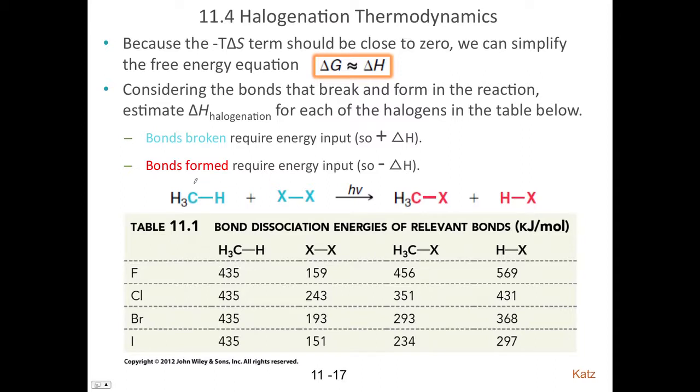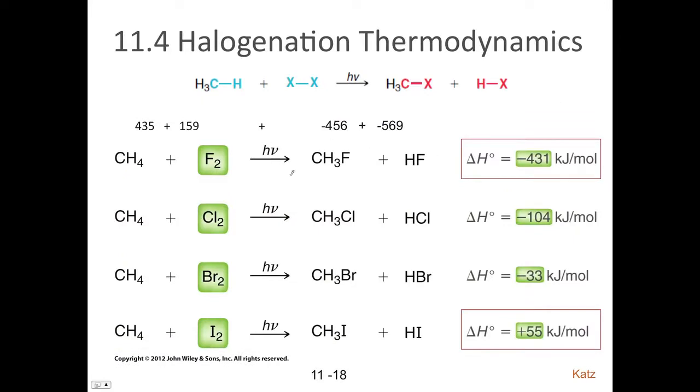Since this guy here is going to be methane all the time, this will be 435. 435 plus 159 if we're talking about fluorine here, and then plus a negative 456 plus a negative 569. And if you add up all those numbers, you will get an extremely negative enthalpy of reaction, which is something that you might expect from fluorine. And so there you are right there.